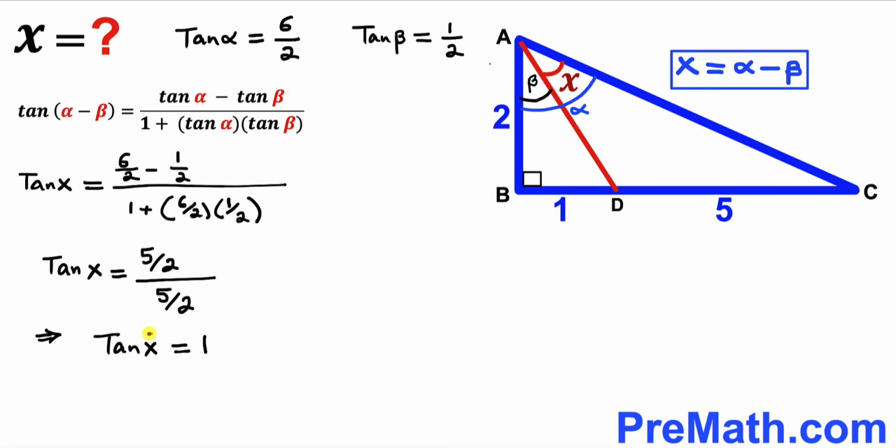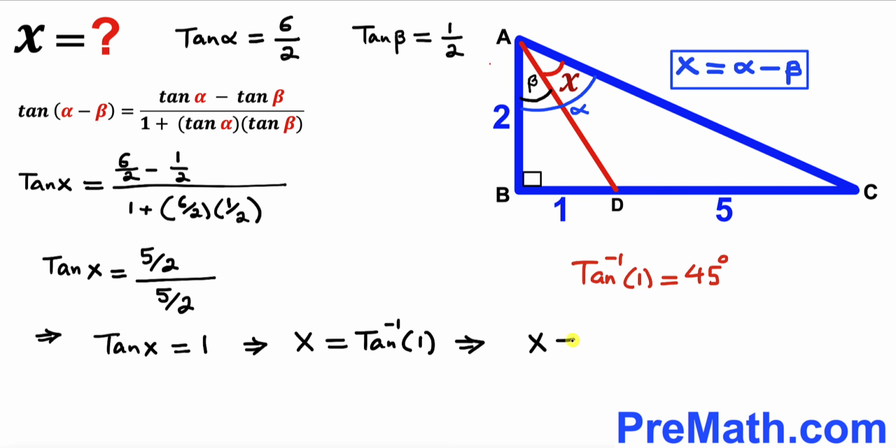And since we are interested in angle x value, we could write that our angle x is going to be equal to tangent inverse of 1. And now we know that tangent inverse of 1 is simply 45 degrees. So therefore our angle x value simply turns out to be 45 degrees.